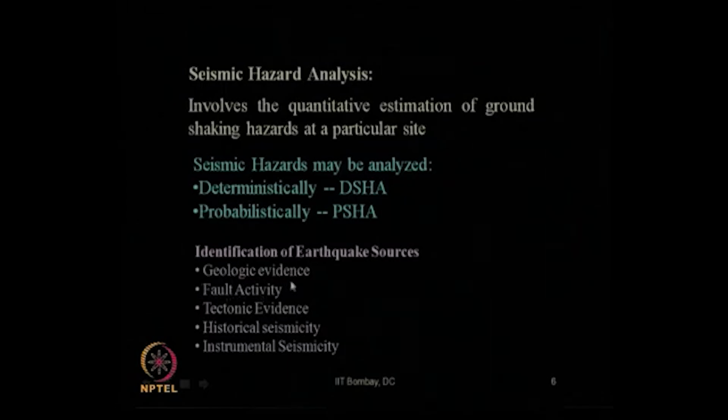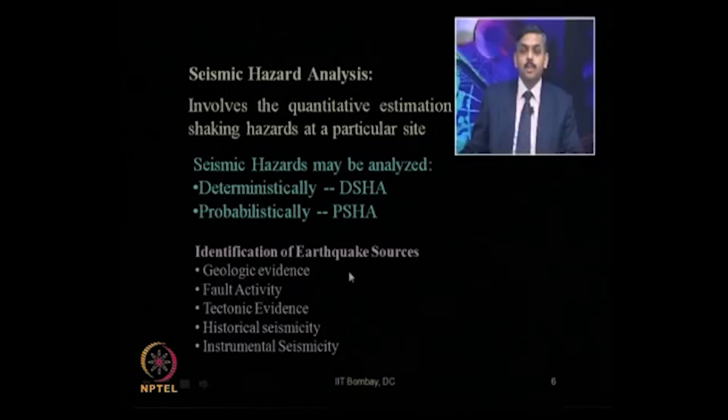Like geologic evidence of the earthquake, that is the fault activity for past earthquakes, tectonic evidence, any tectonic movements, etc., historical seismicity at that particular site or in close vicinity, what the various previous earthquakes were, and instrumental seismicity, that is through the recording stations, what the recorded values of seismicity of a particular site over the years are.